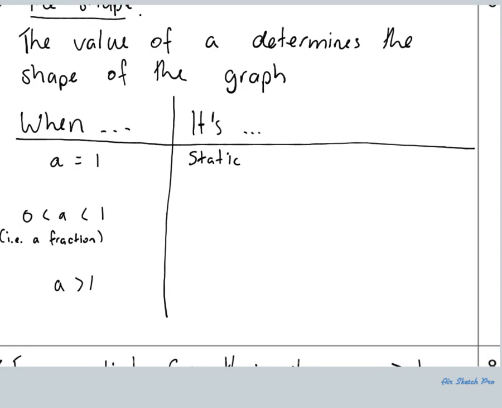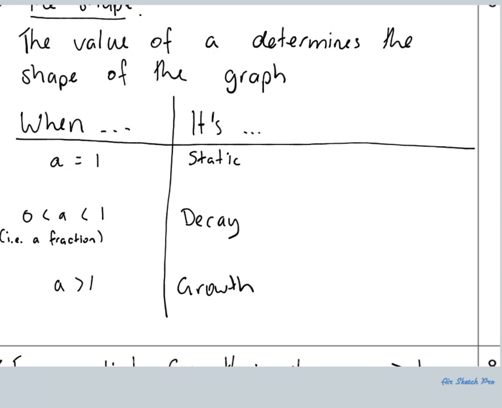It is less than 1, but it is greater than 0. So when A is a fraction, the shape of it is a decay graph. And when A is greater than 1, like we had in the population example from last lesson, it is an exponential growth graph. So it's static, exponential decay, or exponential growth.